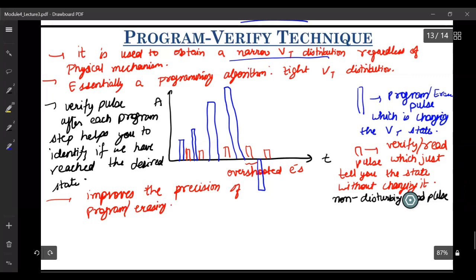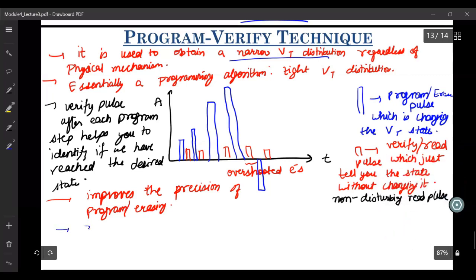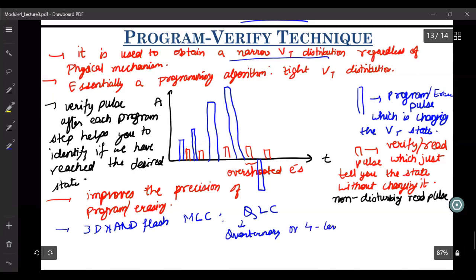This is particularly very useful for 3D NAND flash, which show MLC, and their MLC is now called QLC, which is quaternary or four levels, not 4 levels, quaternary or 4 bits per cell.